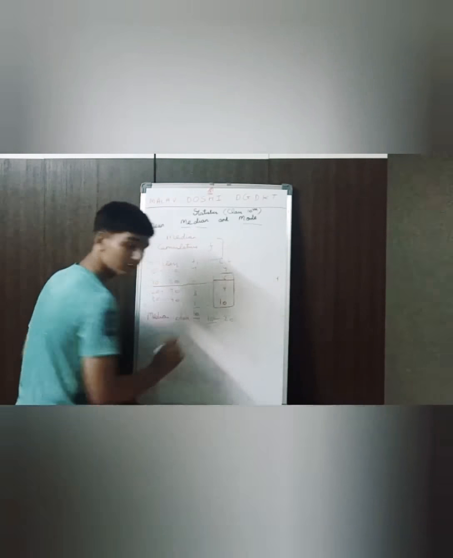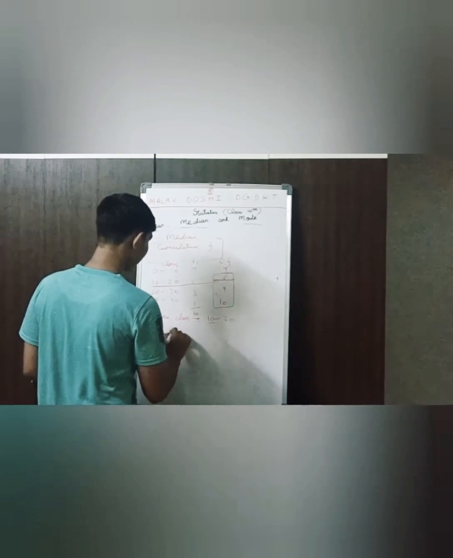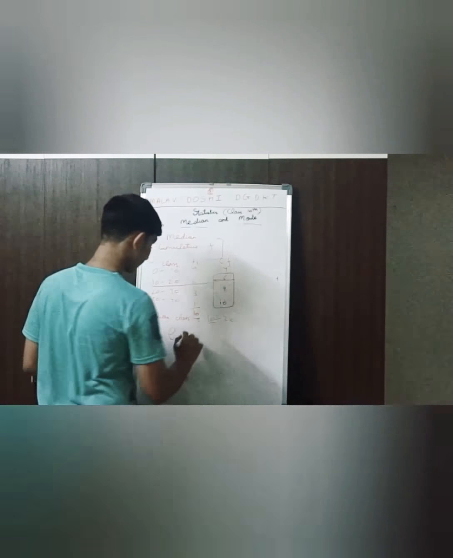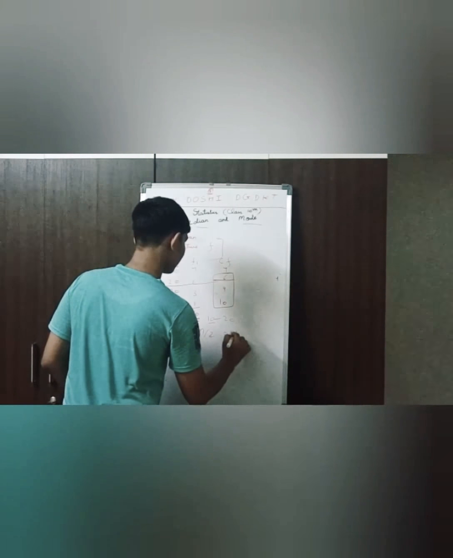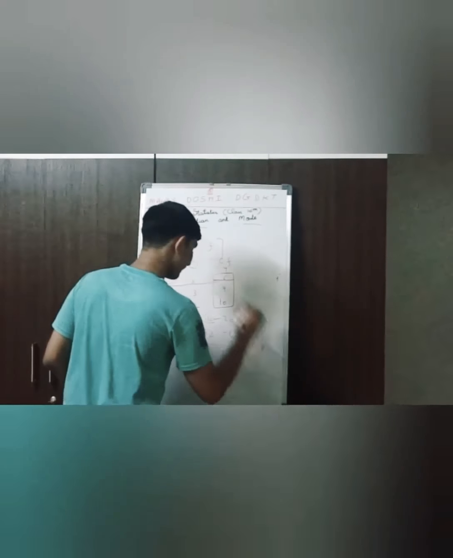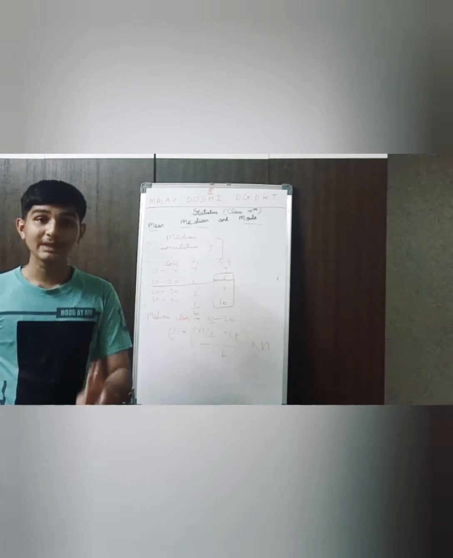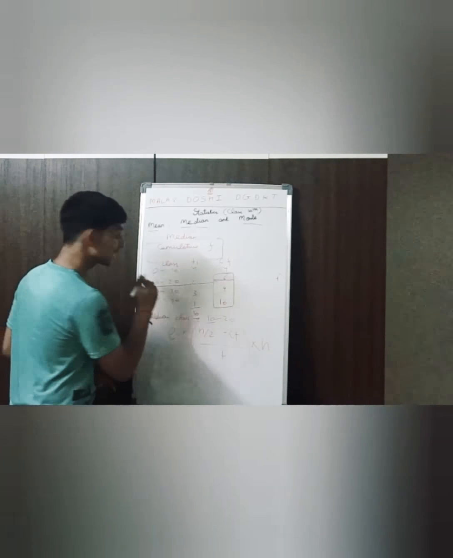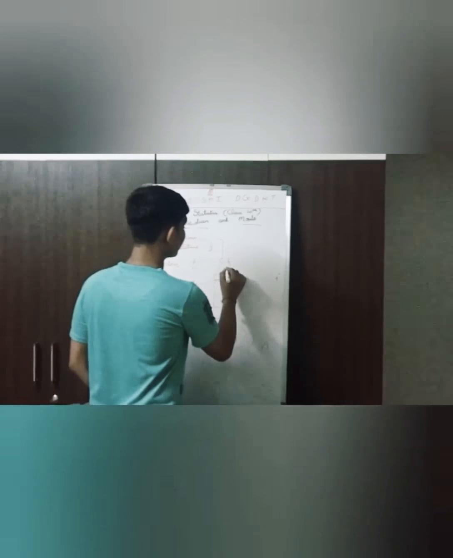Now here 10 is the lower limit. So the formula is L, which is lower limit, plus n by 2 minus Cf upon f into h. Here Cf means the cumulative frequency of the class before it. For example, if the median class is 10 to 20, then the cumulative frequency you will take here is 4.